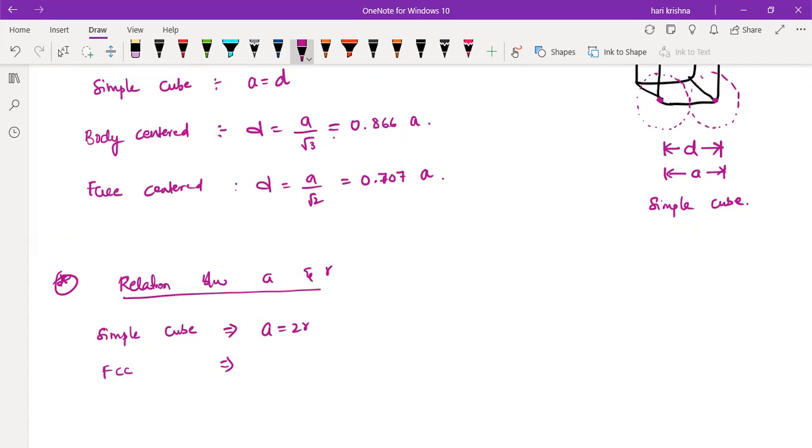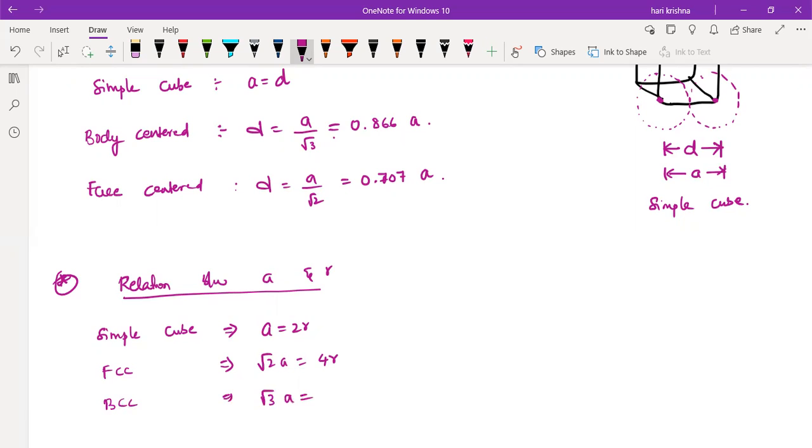Root 2 A equal to 4R. Okay. In the case of BCC, what is the condition?